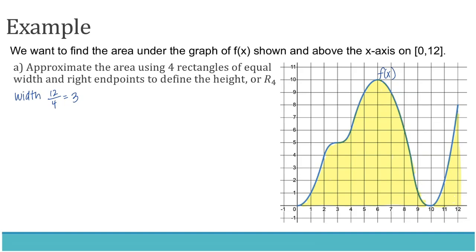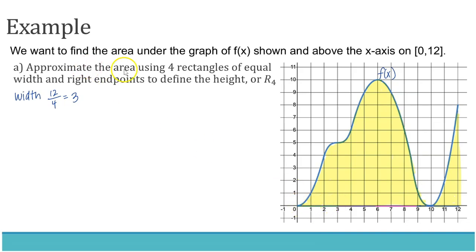And so the first width is going to extend from 0 to 3. And the next one is going to extend from 3 to 6. And then we're going to have one from 6 to 9. And then the last one will be from 9 to 12. So those are the widths of each rectangle.